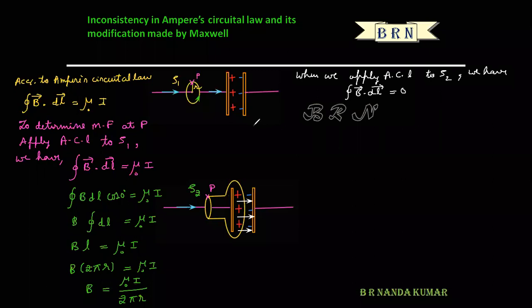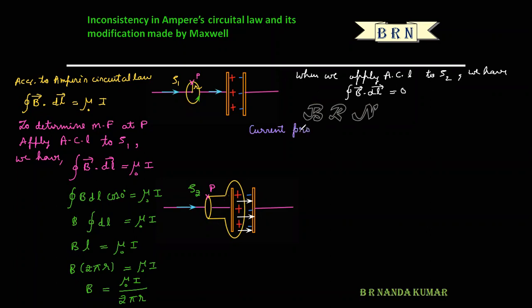Current produced due to the time varying electric field is called displacement current.